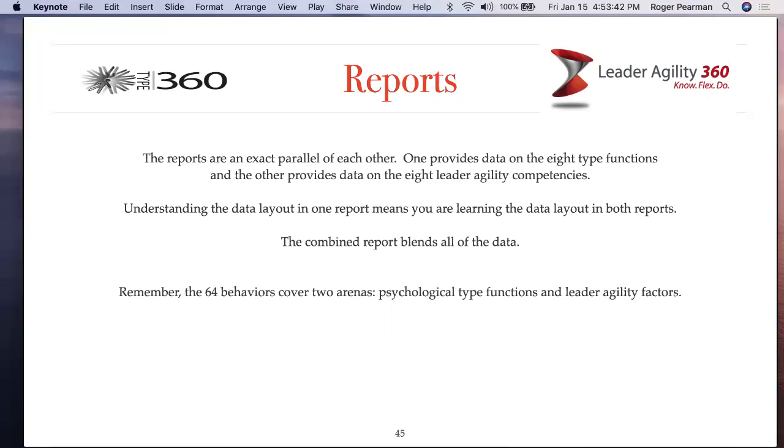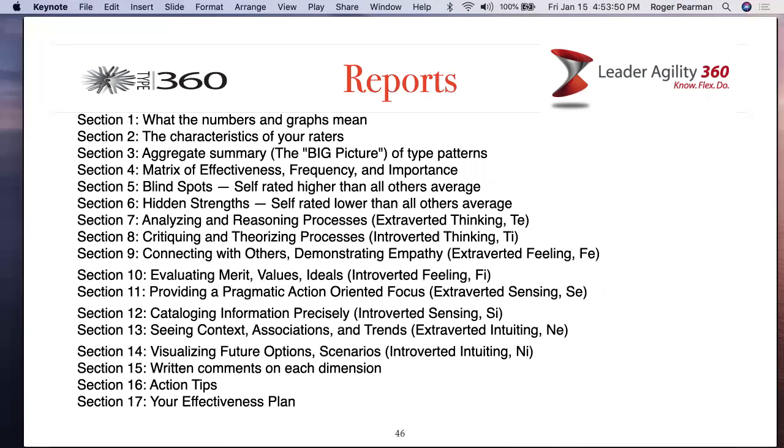There's also a report that combines all of the analysis, so there's a combined type and leader agility report that a person could use. Both reports have 17 sections. The 17 sections give you an introduction to the numbers and data about the raters.